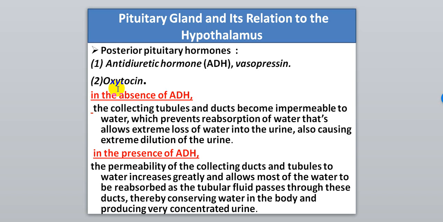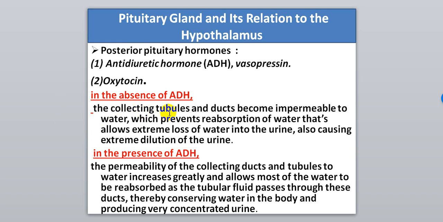When we talk about antidiuretic hormone, note these paragraphs. Previously, as we know from the previous lectures, antidiuretic hormone affects the kidney tubules. So what's its effect exactly?